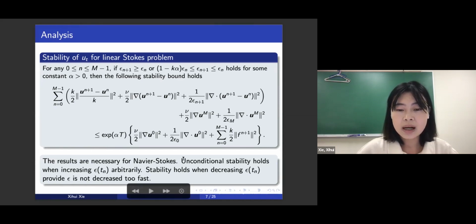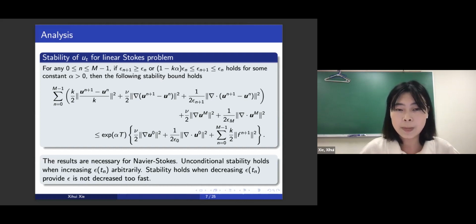But if we decrease epsilon, we cannot decrease it too much, and we only have the zero stability bound. So unconditional stability holds when increasing epsilon arbitrarily, and stability holds when decreasing epsilon, provided epsilon is not decreased too fast.